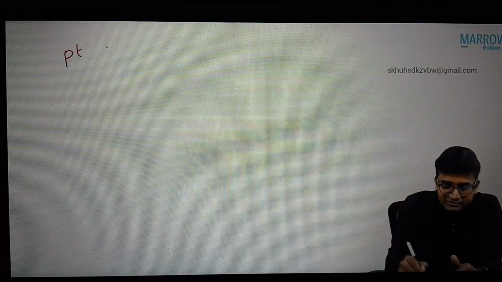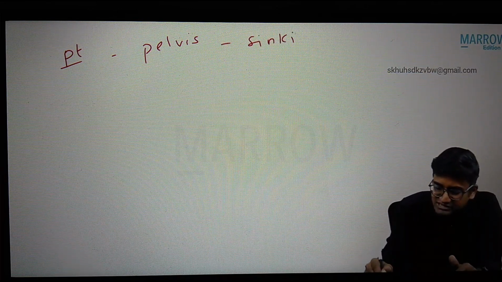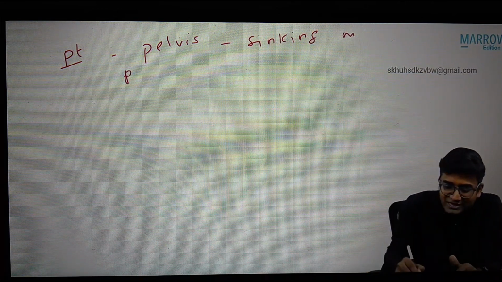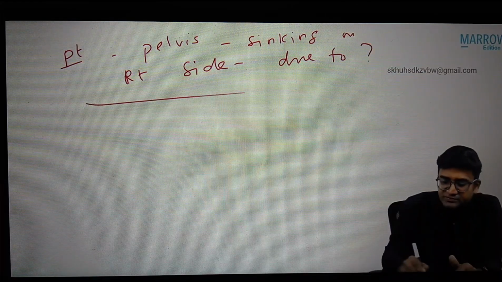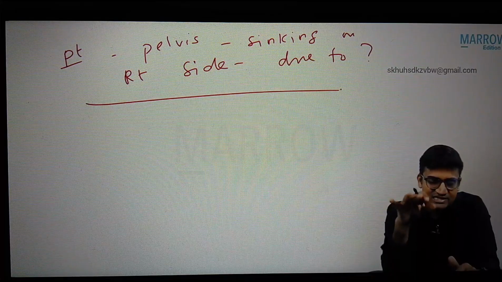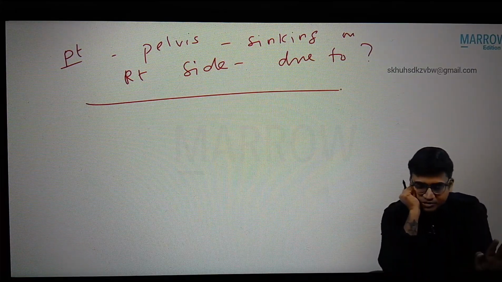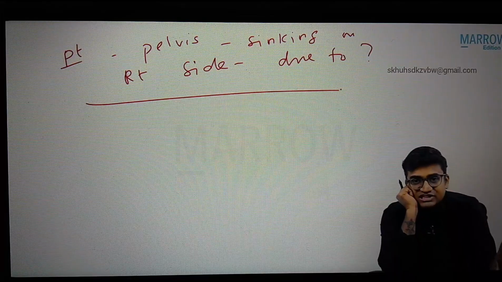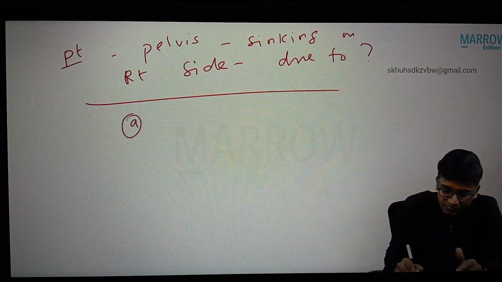And they added that the pelvis is sinking on the right side. This is due to involvement of which nerve? A similar question was asked in the INI-CET and also the FMG exam. Trendelenburg sign positive and the pelvis is sinking on the right side. It is due to involvement of which nerve?